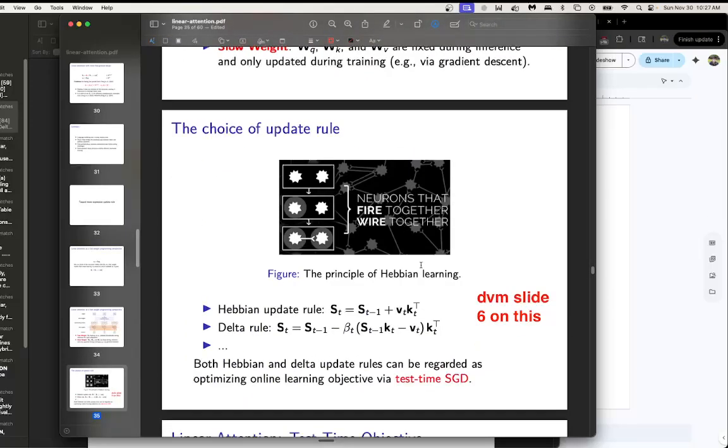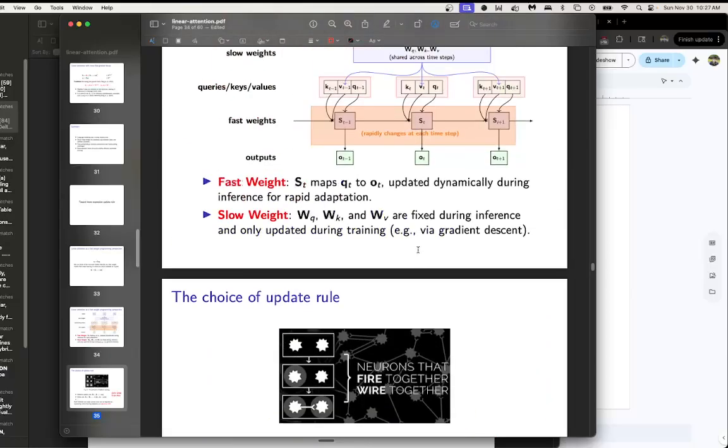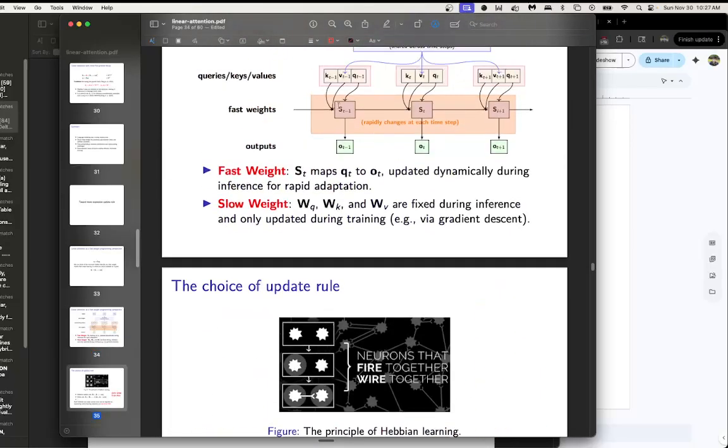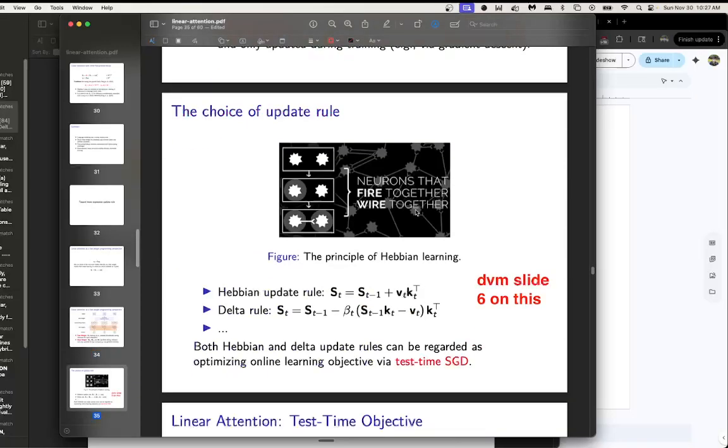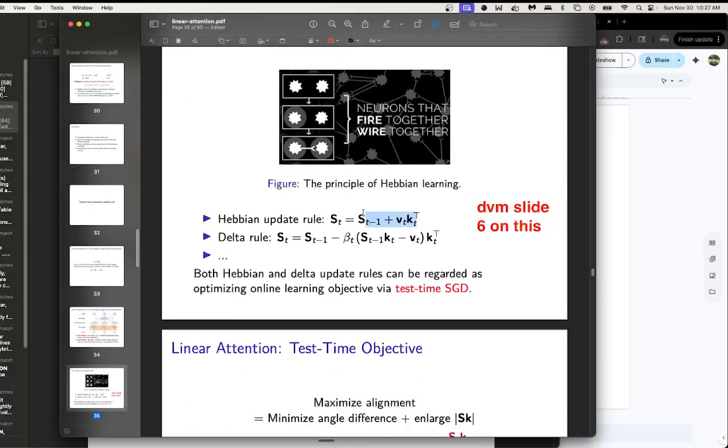And they then start looking at the update rule for this fast weight, right? From getting from S of t minus 1 to S of t. We've been looking at the simple version of the update rule called the Hebbian update rule.